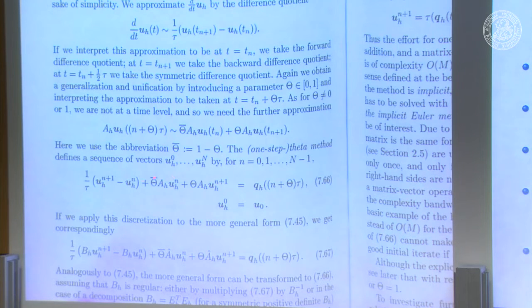The system matrix which we have to solve in the theta equals 1 implicit Euler case is now not 1 plus tau times AH, it's just B plus tau times PH plus tau times AH. So in terms of effort, hardly anything changes.